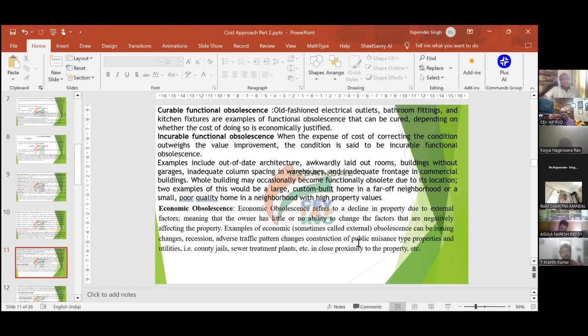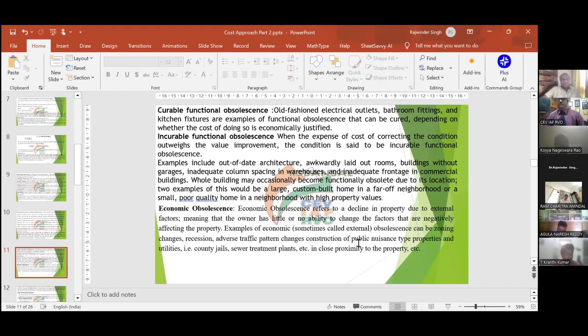So it is not economically viable, that the effort you have put, that will not give you the profitable return. So that is incurable functional obsolescence. So obsolescence may be of two types, curable or incurable. Curable means if you spent certain amount over it and you are able to recover at least that amount, then it is curable. And if you are not able to recover that particular amount which you have spent to cure it, then we call it incurable.